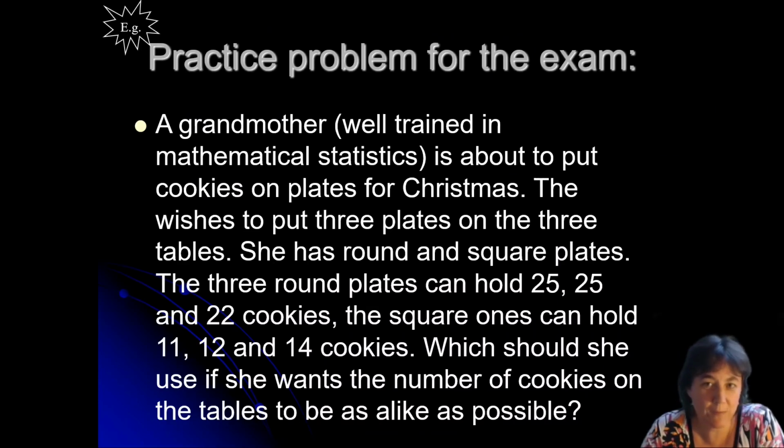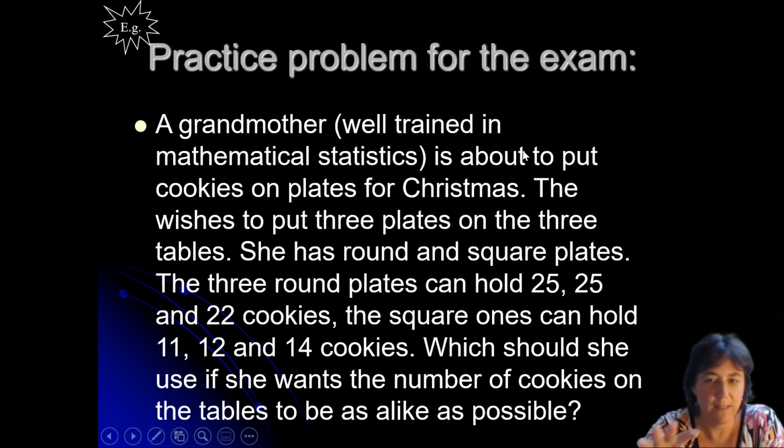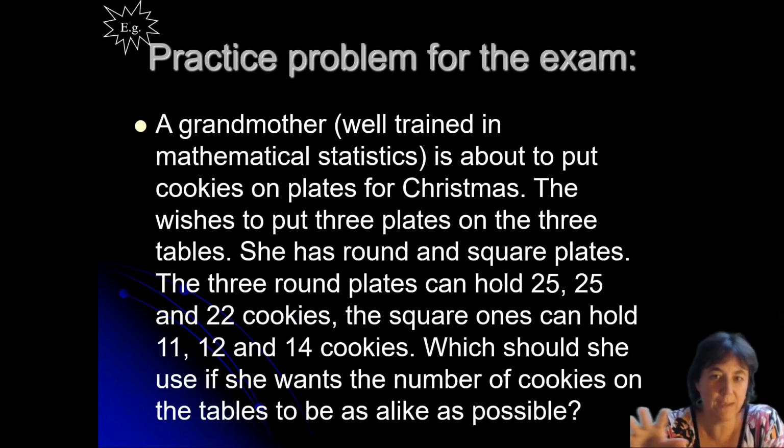And the bonus problem: a grandmother well-trained in mathematical statistics will prepare plates for Christmas. She has this obsessed idea that she wants the plates to be as alike as possible. She wants to minimize variability.